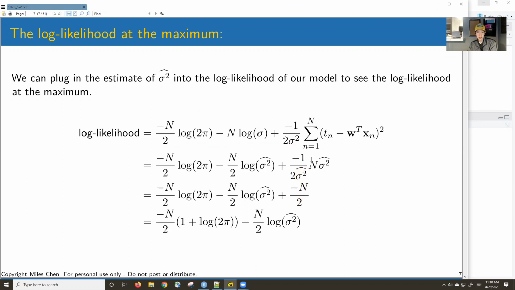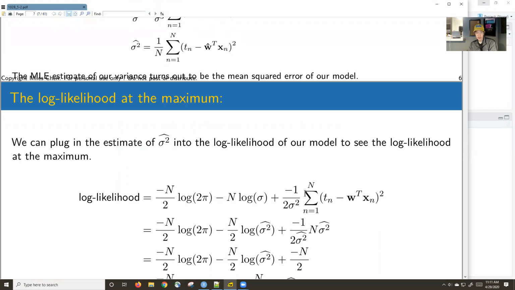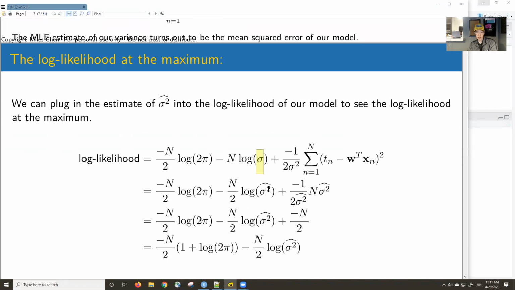This whole quantity right here is basically sigma squared times n, so it becomes n times sigma squared hat. And then sigma by itself can be replaced with the square root of sigma squared hat.